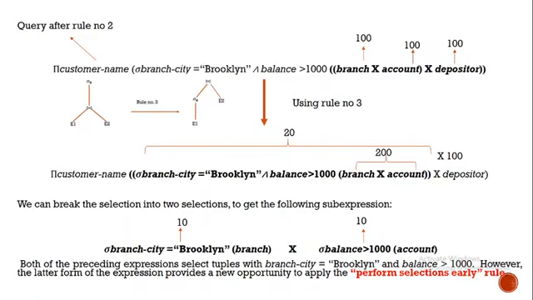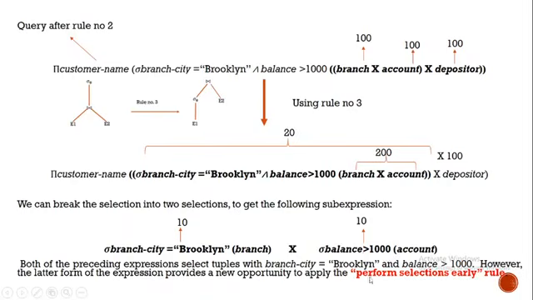Now we can break the selection into two selections. Further, we know that branch city belongs to the branch relation and balance belongs to the account relation.